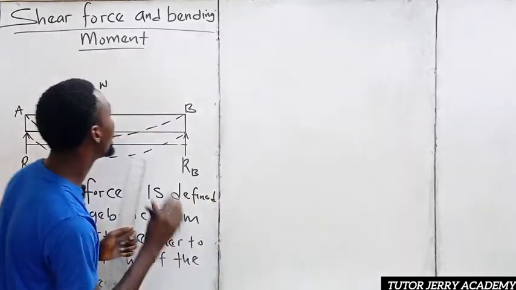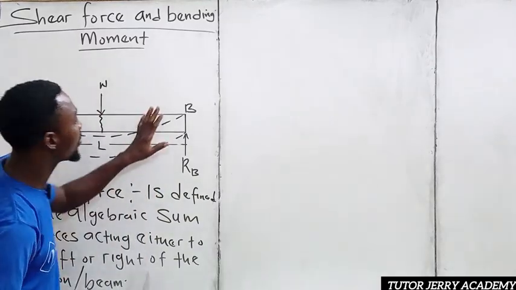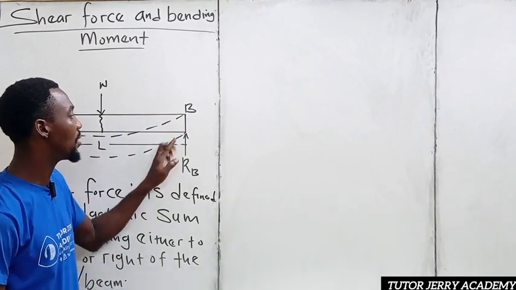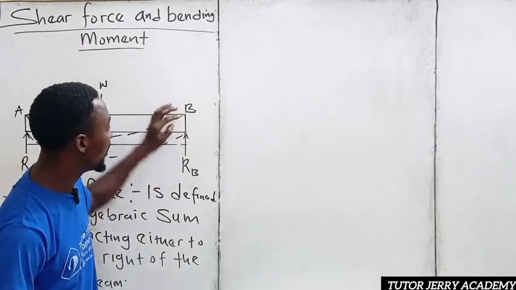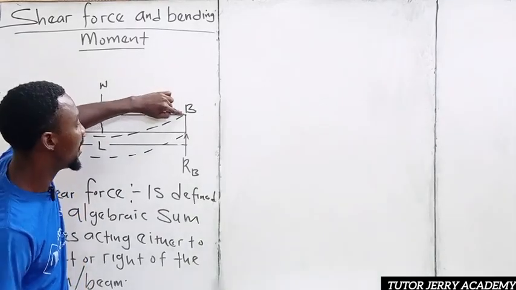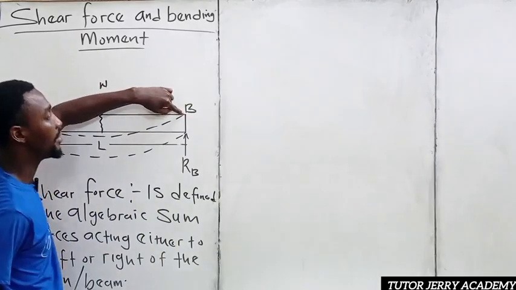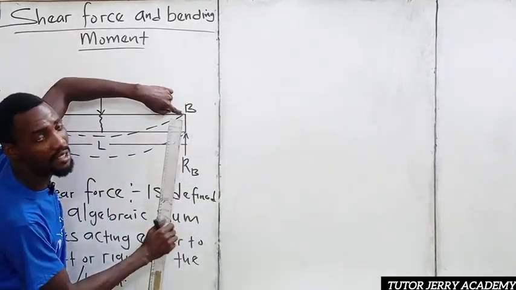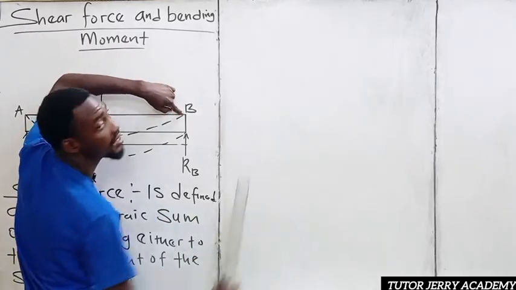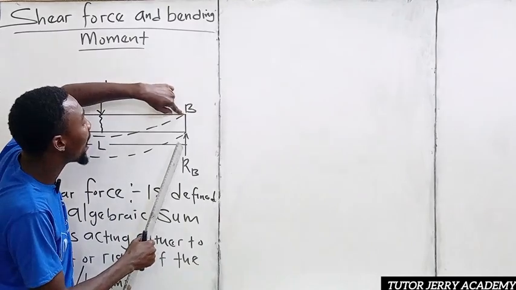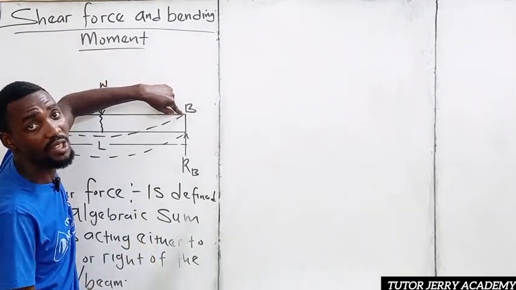So if I want to do that, I'm just going to stand at point B. For me to calculate the shear force at point B, I'm going to start at this point B. Then I'm going to look towards my right hand side. So the question is, do we have any other force at this side? The answer is no. So the only force we have at this side is just RB.